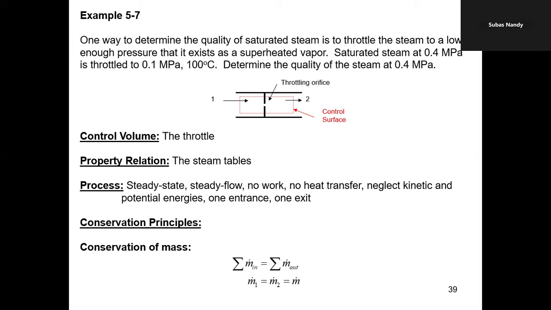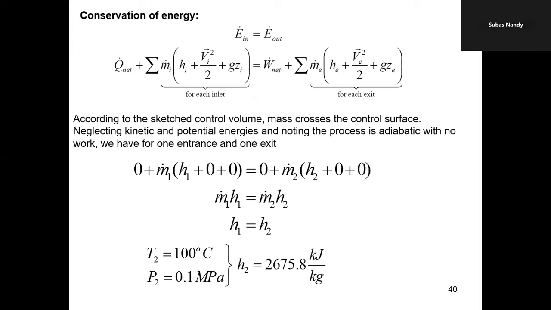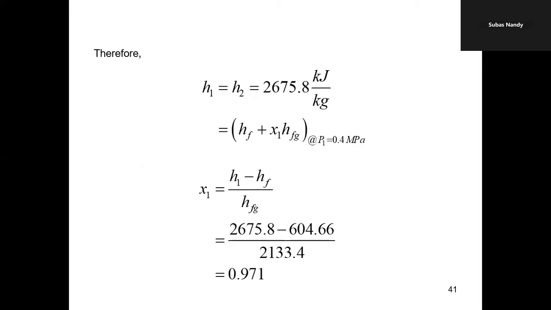Therefore, first the conservation of mass: mass flow rate coming in is equal to mass flow rate going out, which is the same as saying it's a constant mass flow rate process. And if you plug it in, enthalpy at the entrance is equal to enthalpy at the exit, h1 equals h2.